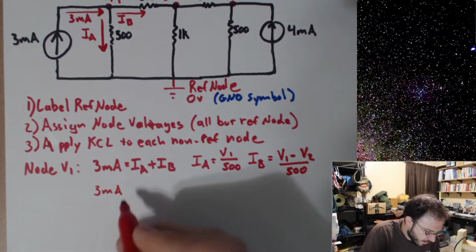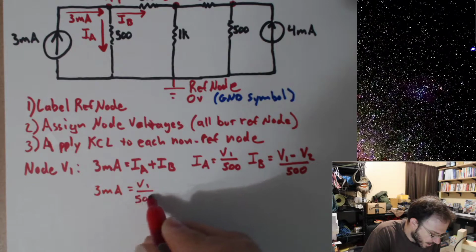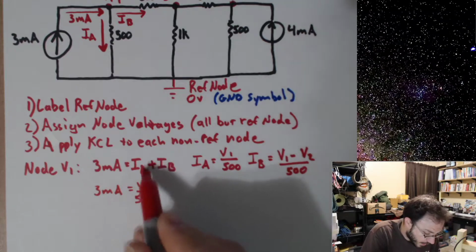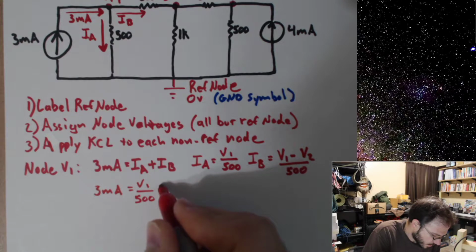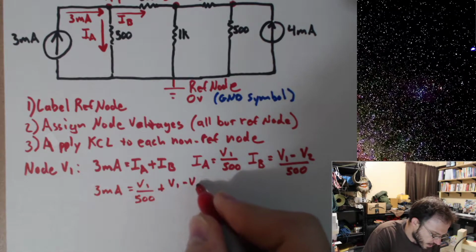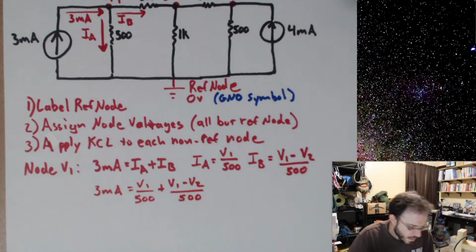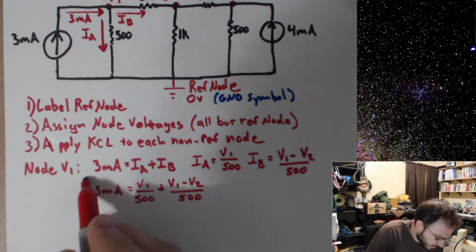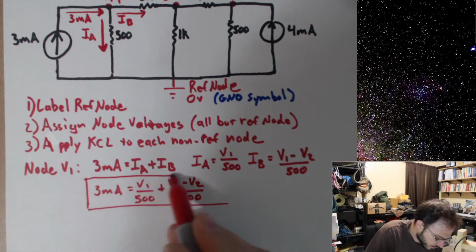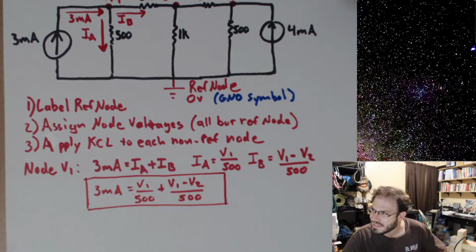Three milliamps therefore equals V1 divided by 500 plus V1 minus V2 divided by 500. Okay, so I now have my first equation. Okay, that takes care of node 1.